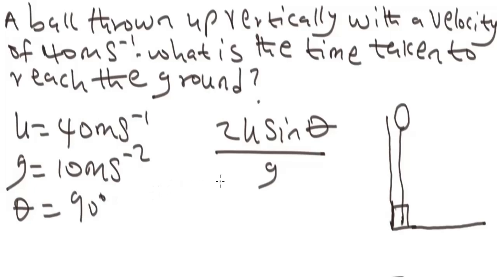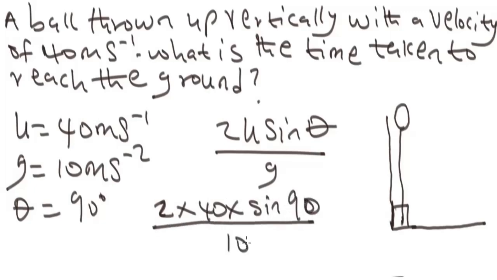Okay, now the time of flight: substitute 2u, that's 2 times 40 times sine 90 over 10.